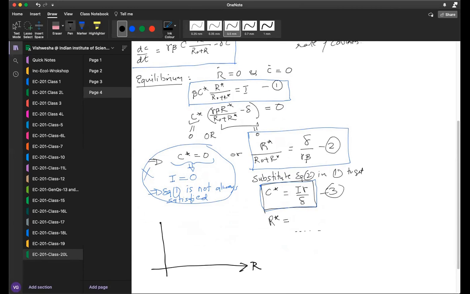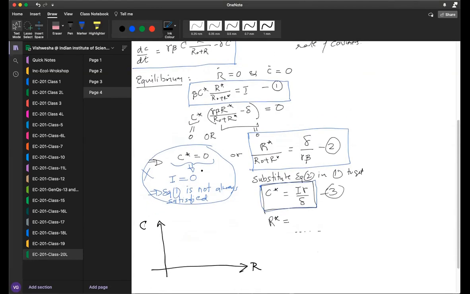R and C. Now what are the null lines? When does R dot become 0? Only when equation 1 is true, right? It's a slightly C times R by this is a constant, so it requires some effort to plot that. I think you can use software to plot.